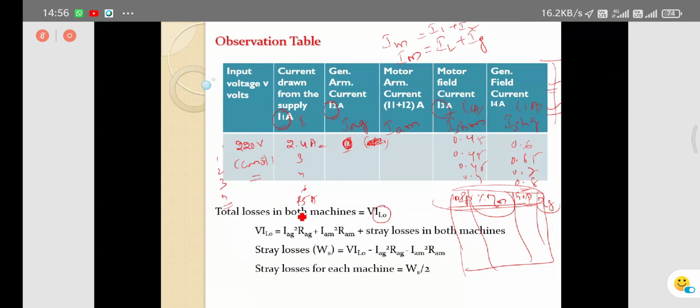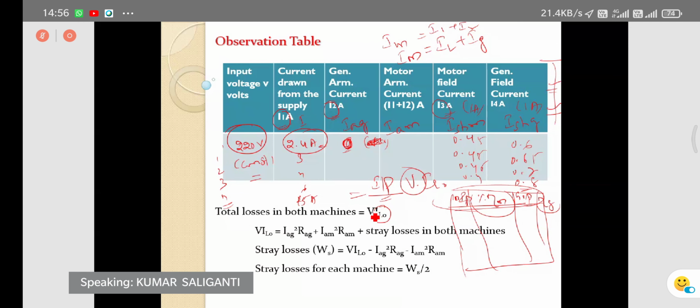So the total losses in both machines are equal to the power drawn from the supply. The power drawn from the supply means the input power, which is equal to the supply voltage into the line current, that is V into I L naught.